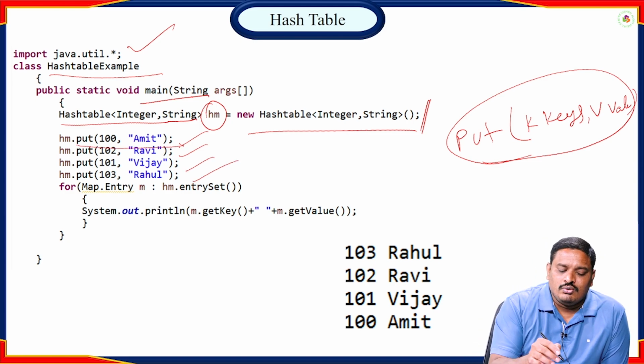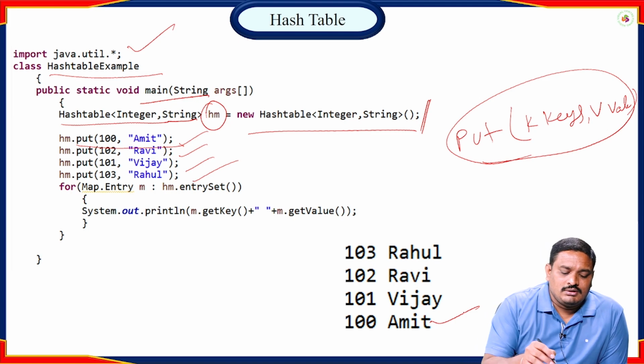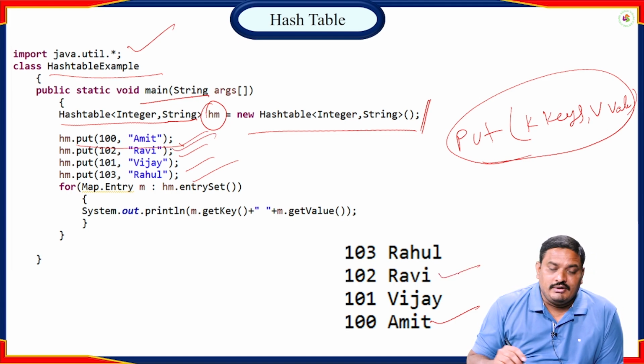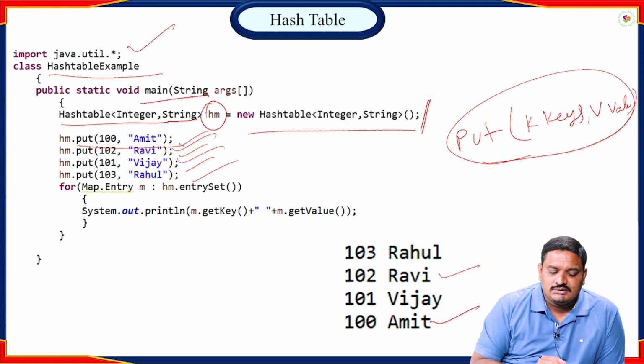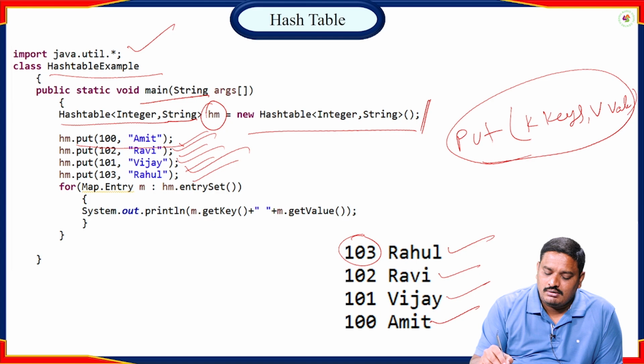HM dot put 100 comma Amit. 102 is Ravi. Next, 101 is Vijay. Next, Rahul is there. Four elements are taken by using keys and values.